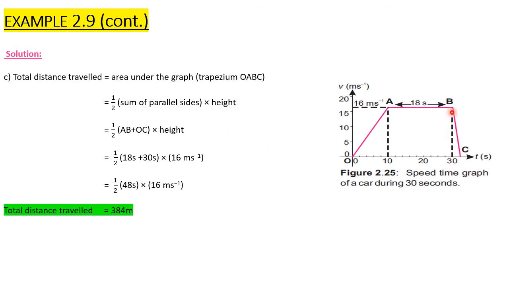This is the height, and AB and OC are the parallel sides. So their sum: from point O to C the value is 0 to 30 seconds, whereas point A to B, the value is 18 seconds. So by putting these values and solving them, we will get the total distance traveled by the body is 384 meters.